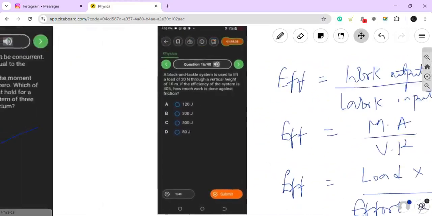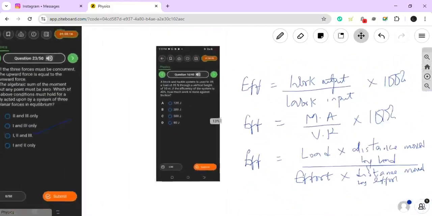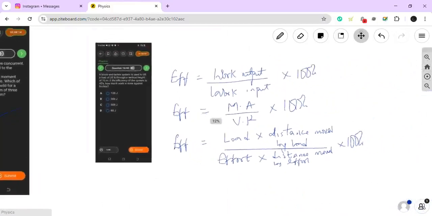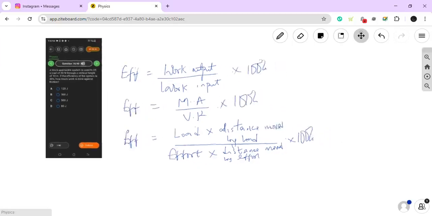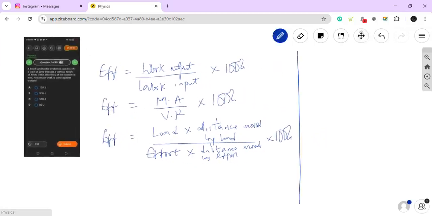Alright, but for this particular one, let's see what is there. They say we should find how much work is done against friction. So what you need to do is go and look for the input work first.